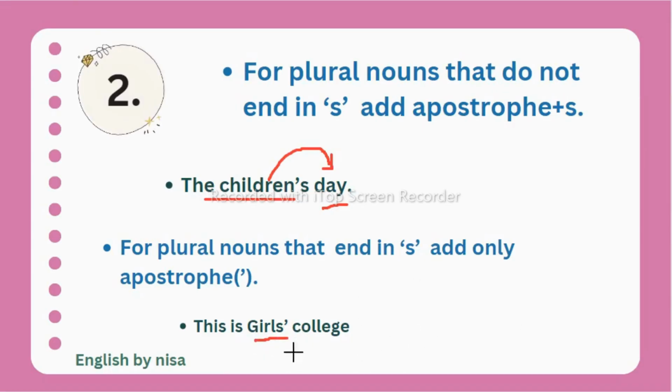Women's college, girls' college, boys' college. No need to put apostrophe s again, simply apostrophe. If only one girl college is there, then we can say girl's college. But here the college belongs to many girls, that's why we are putting only apostrophe, because we already have s here.